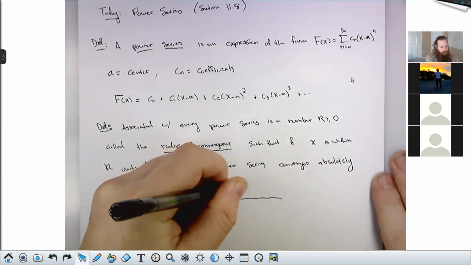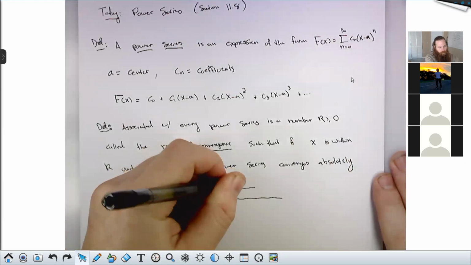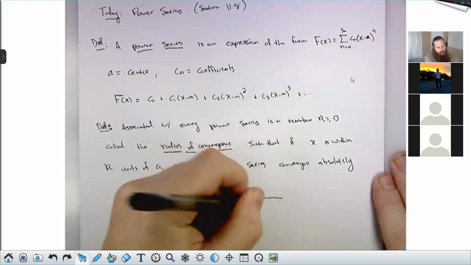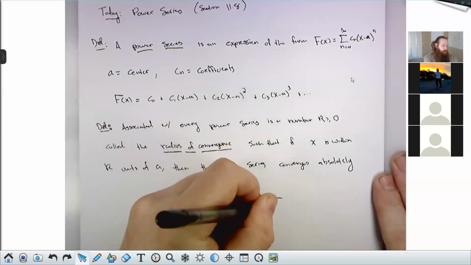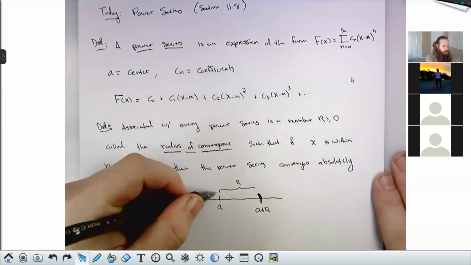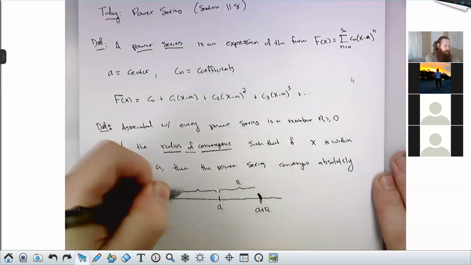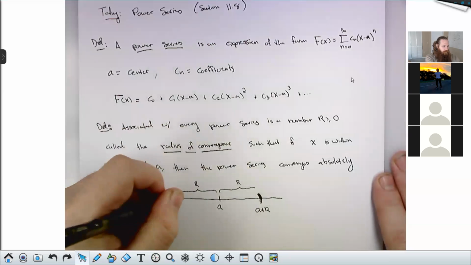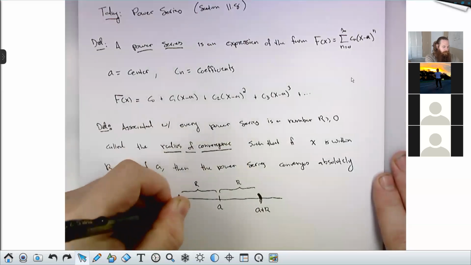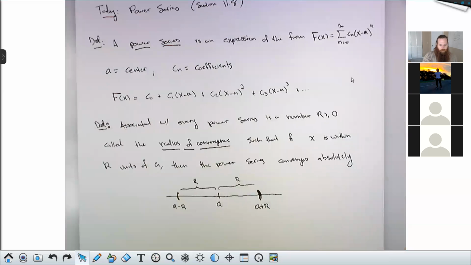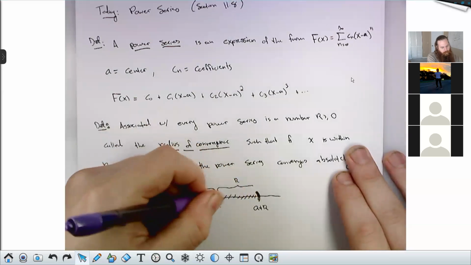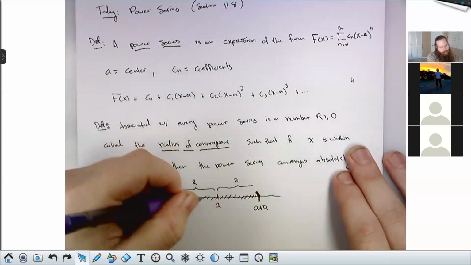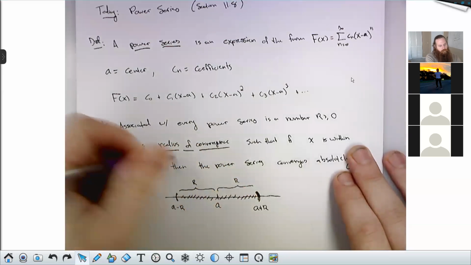If you go left and right by R units, so starting at a and going to the right R units, I'll go to a plus R. Starting at a and going to the left R units, I would land over here at a minus R. If you take an x value from anywhere in here, the series is guaranteed to converge.